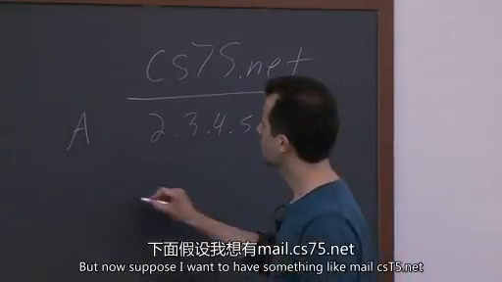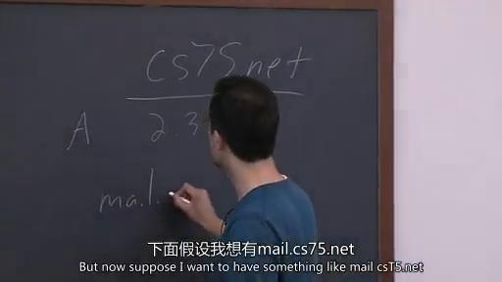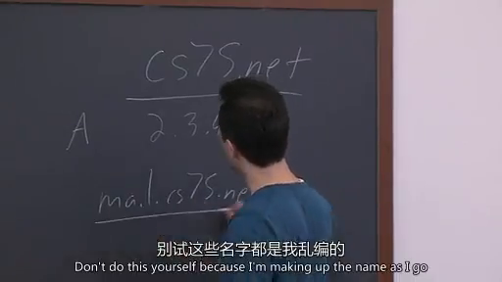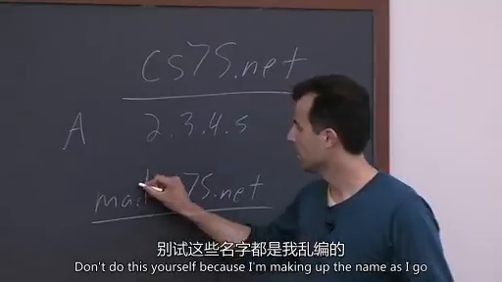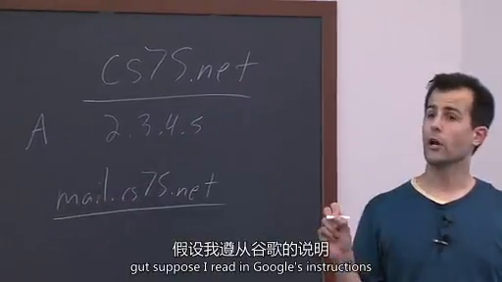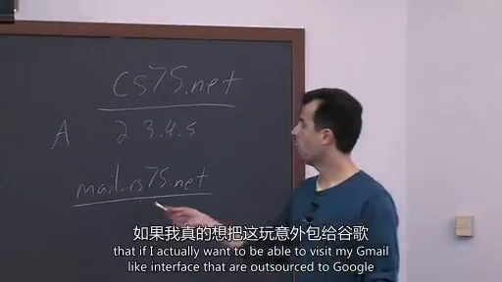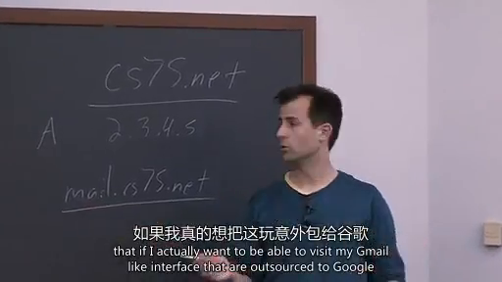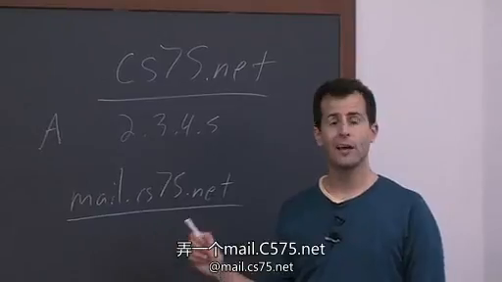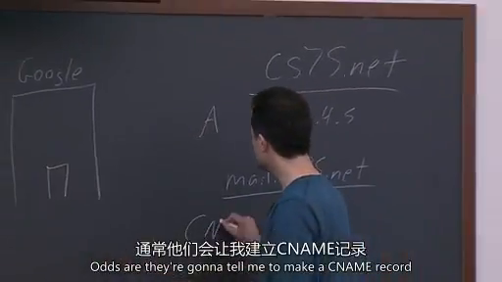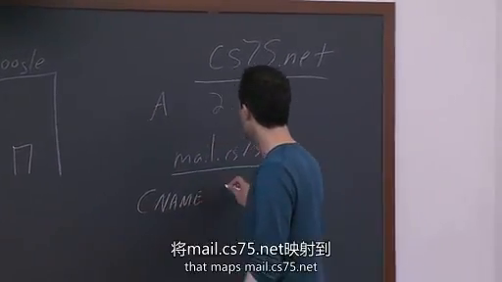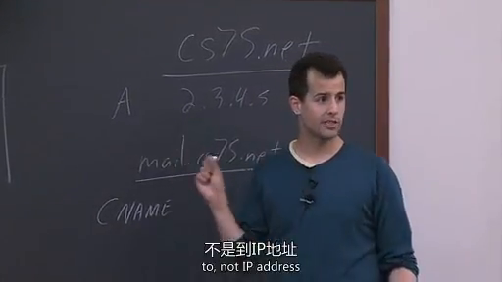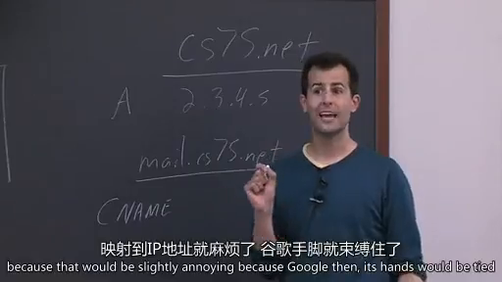But now suppose I want to have something like mail.cs75.net. And don't do this yourself because I'm making up the name as I go. But suppose I read in Google's instructions that if I actually want to be able to visit my Gmail-like interface that I've outsourced to Google at mail.cs75.net, odds are they're going to tell me to make a CNAME record that maps mail.cs75.net to not an IP address, because that would be slightly annoying because Google then's hands would be tied.